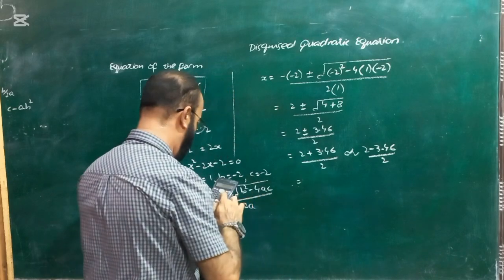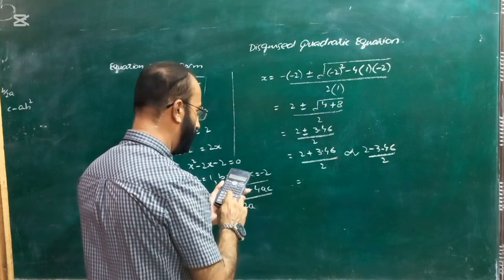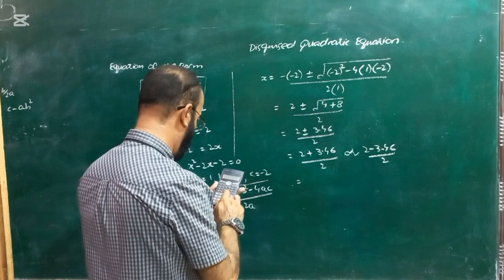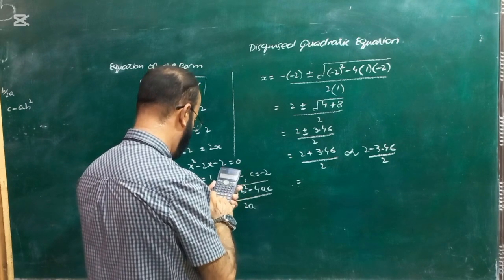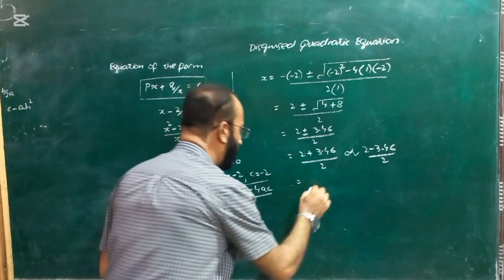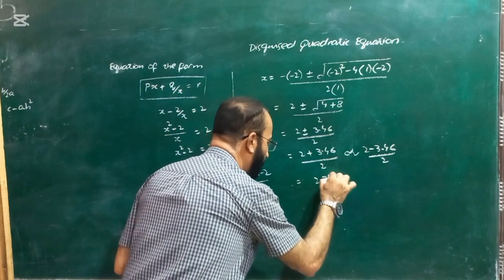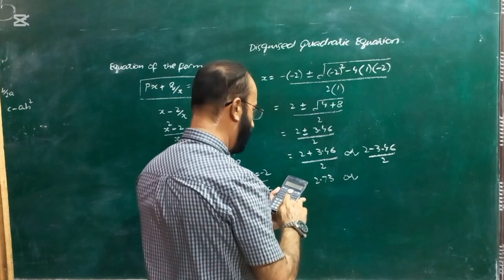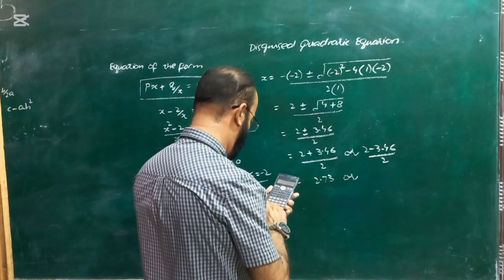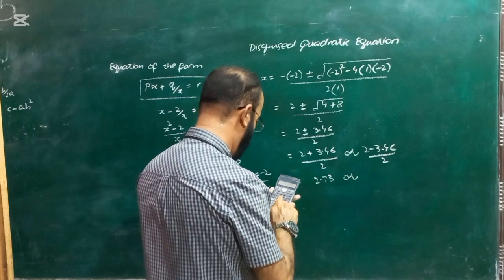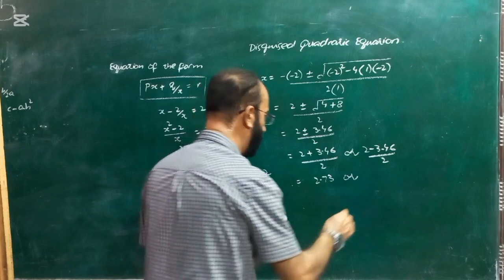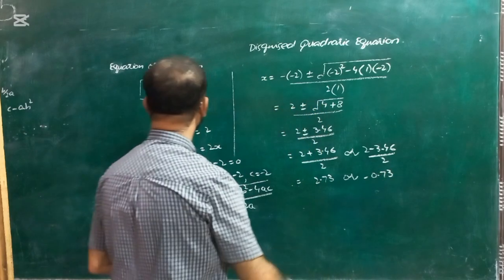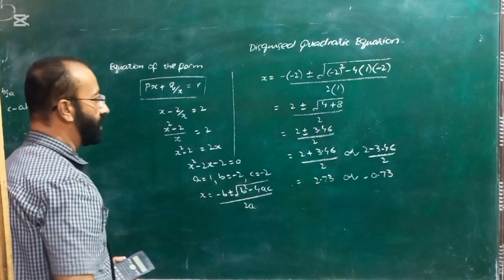So 5.46 divided by 2 will be equal to 2.73, or -1.46 divided by 2 will give us the answer -0.73. So these are the answers.